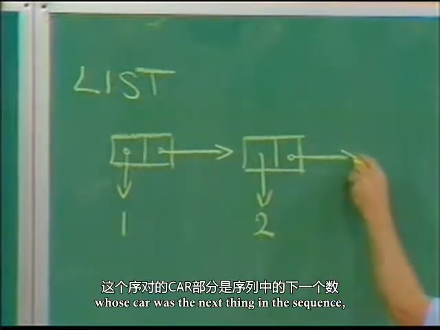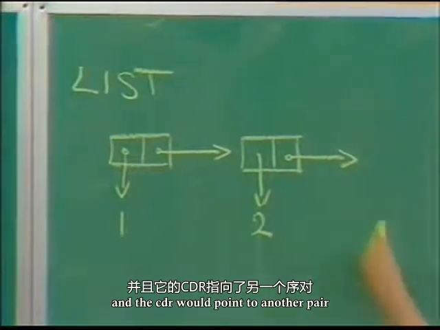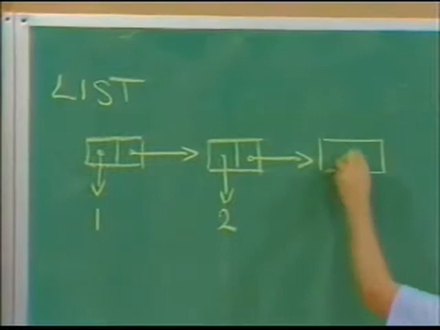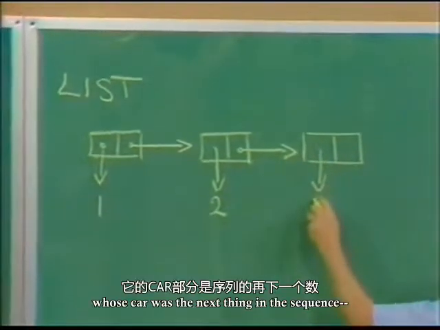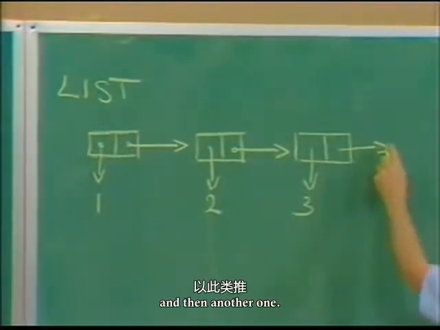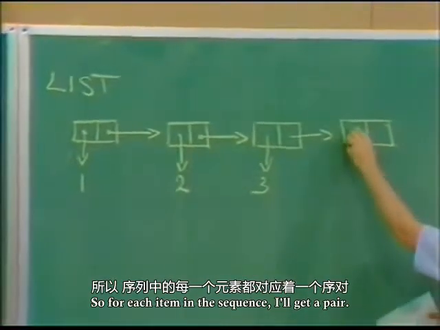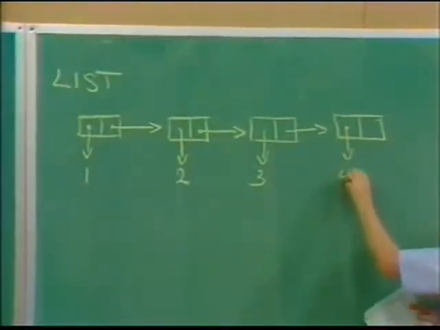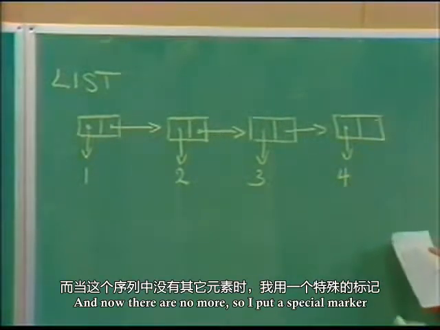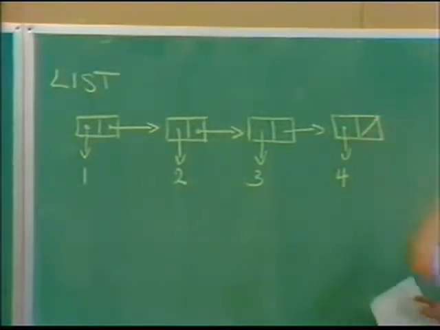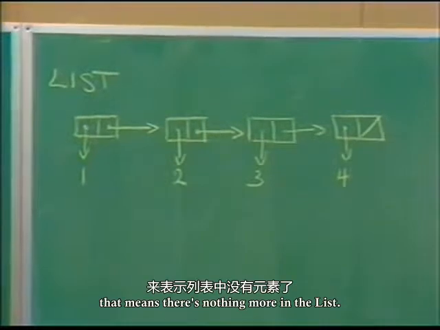whose car was the next thing in the sequence, and the cdr would point to another pair whose car was the next thing in the sequence. So there's 3, and then another one. So for each item in this sequence, I'll get a pair. And now there are no more, so I put a special marker that means there's nothing more in the list.